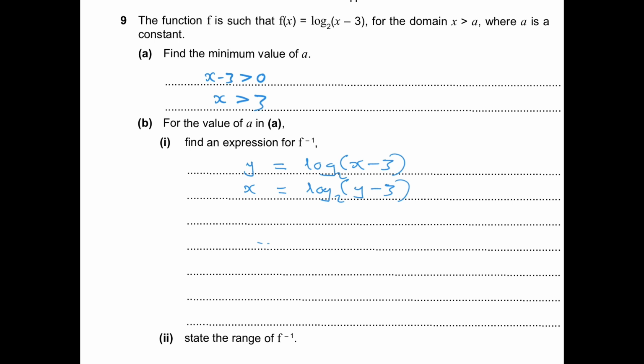Okay, so if we convert this statement into exponential form, that becomes 2 to the power of x is equal to y minus 3. All right, so we make y the subject of the formula. We take this negative 3 to that side. We're going to have 2 to the power of x plus 3 is equal to y.